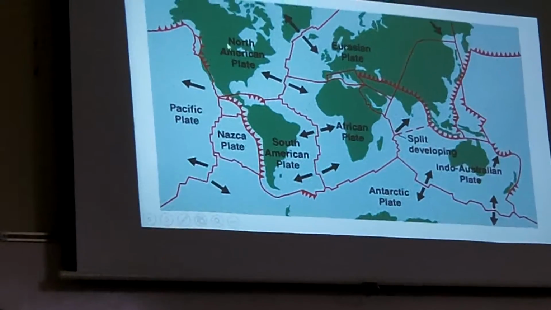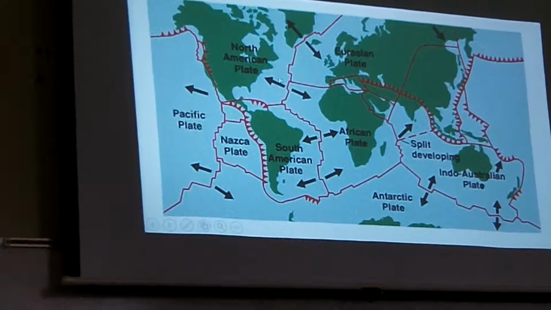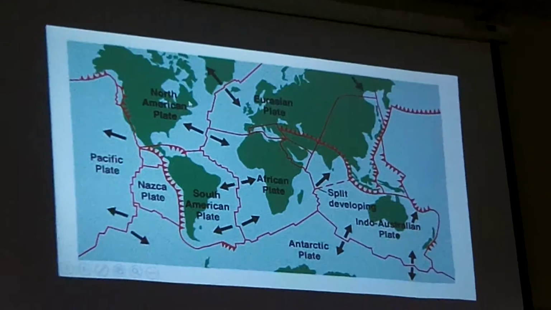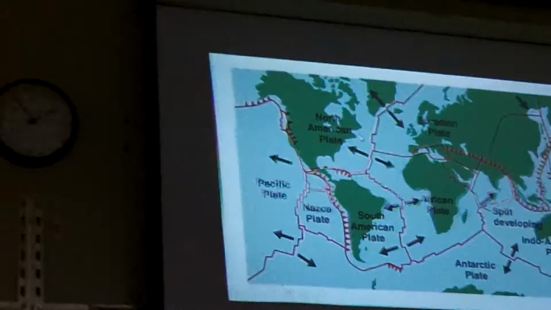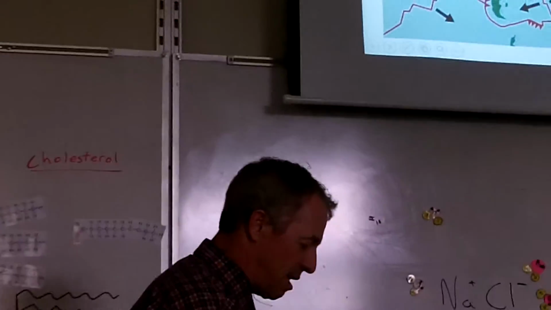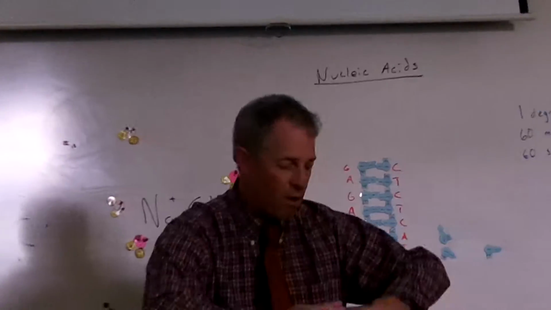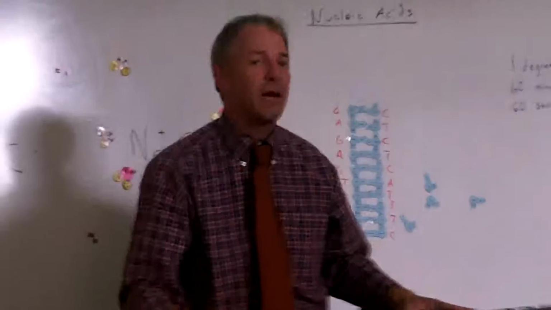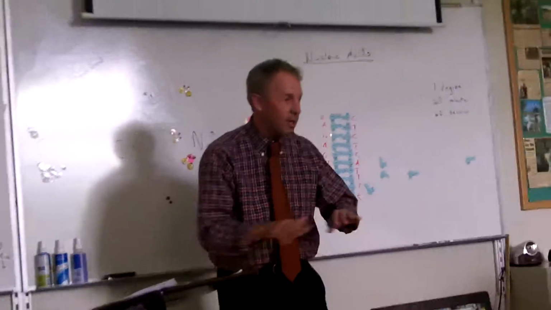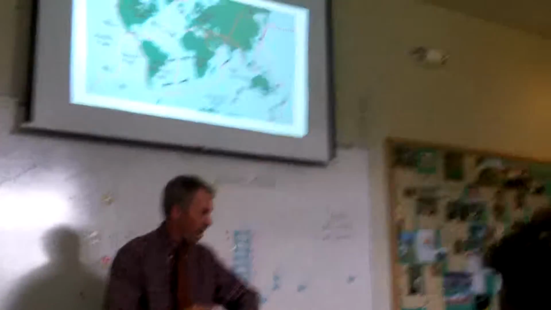Meaning granite here and basalt here. You remember that granite is lighter than basalt? So you need to think about this whole plate kind of floating on top of the liquid hot magma that's below it. Okay?